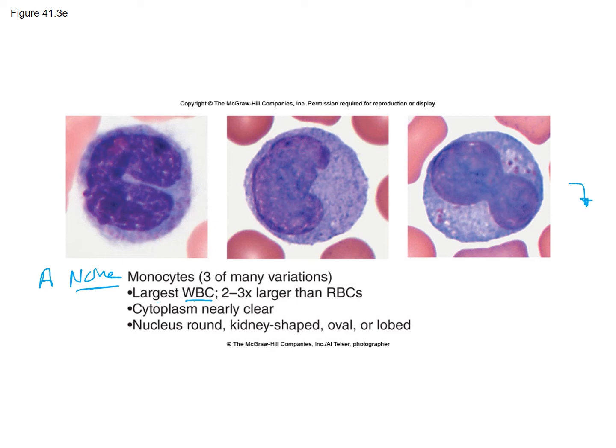So when you have any kind of injury, this is the first one that moves toward the site. The cytoplasm is nearly clear, as you can see, and you cannot stain it blue or red. The nucleus is round, kidney-shaped, oval or looped, almost bilobed.